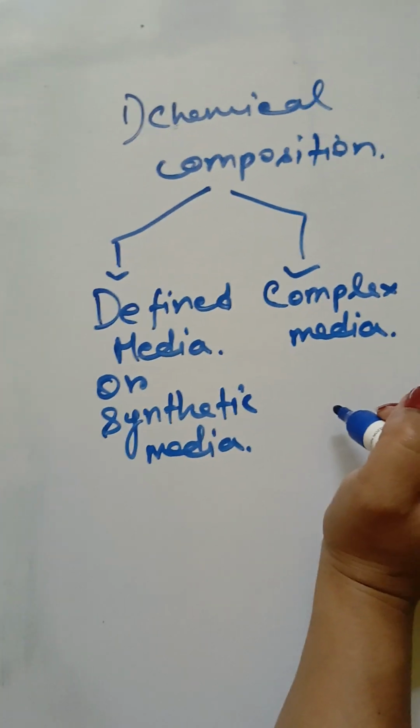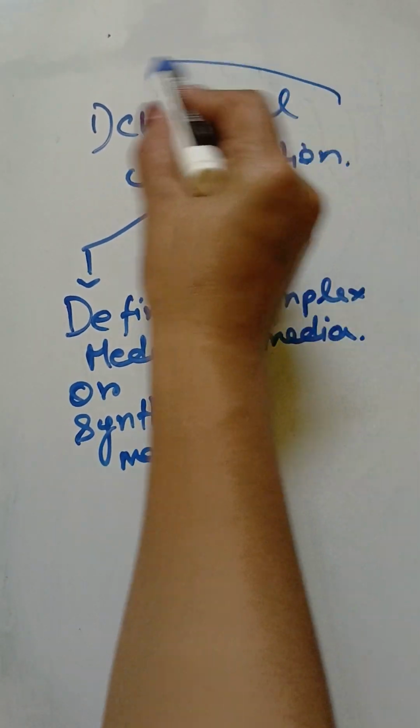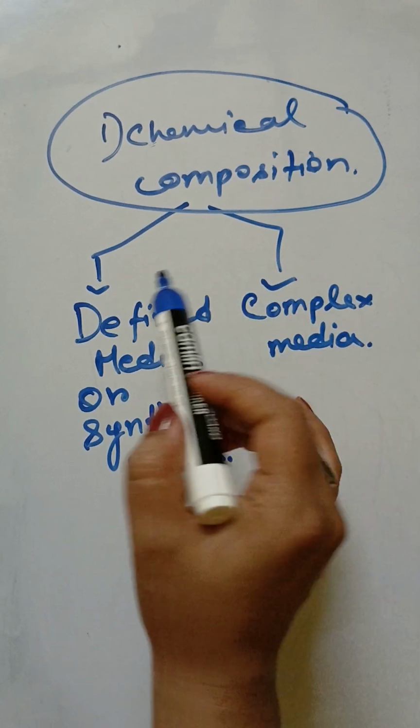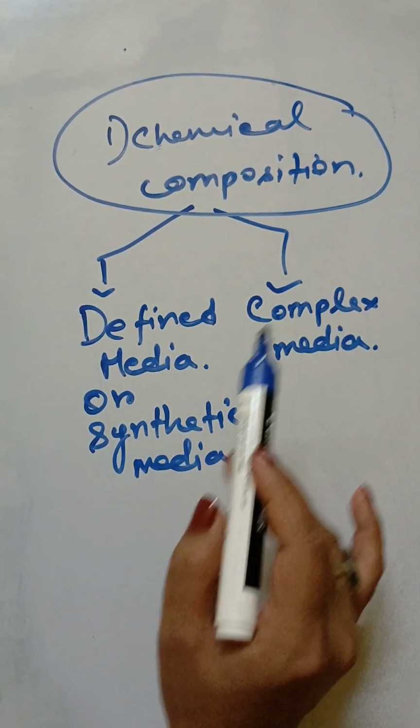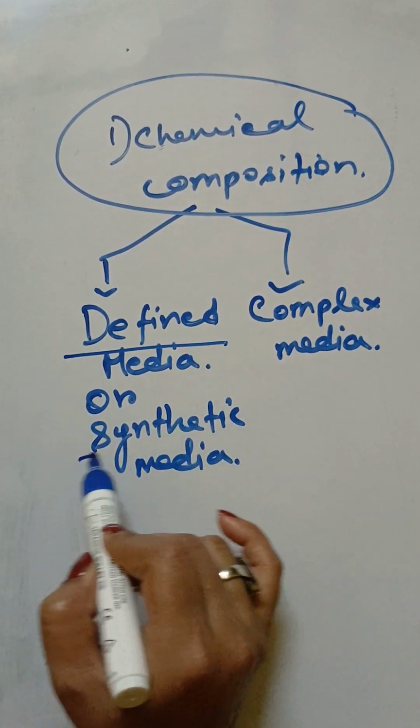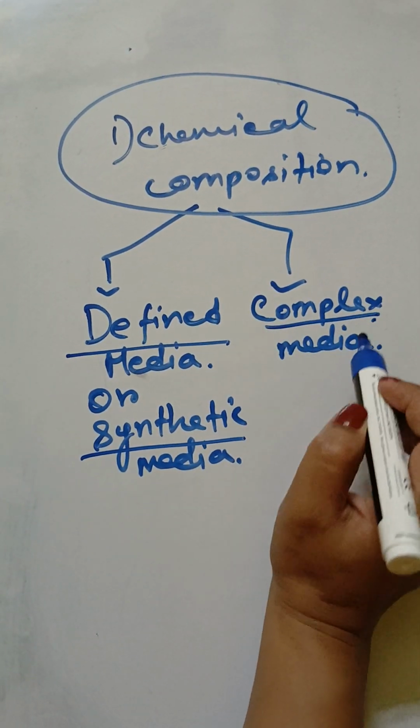So on the basis of this category, which is the first and basic category to differentiate between the media, the media can be subdivided into two groups: defined media or synthetic media, and complex media.